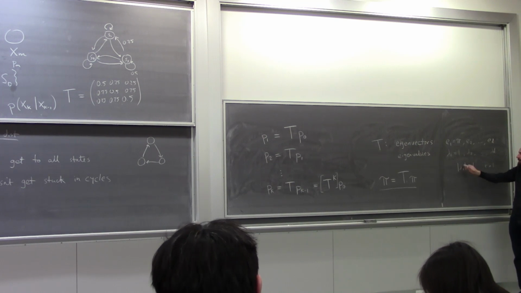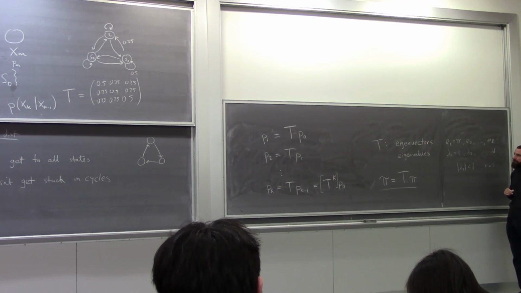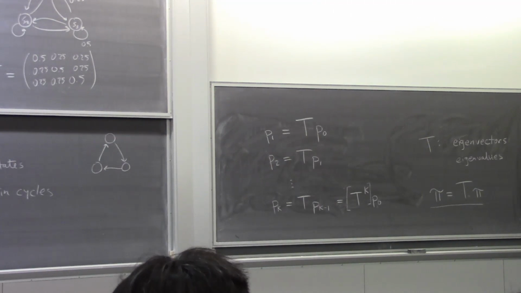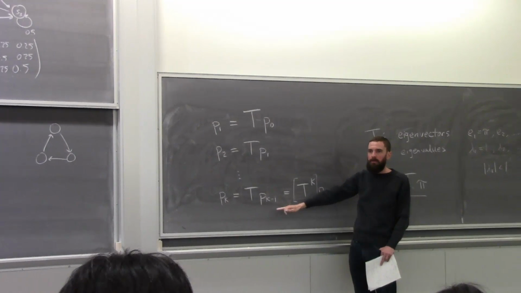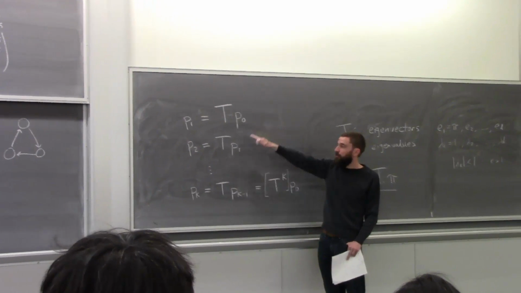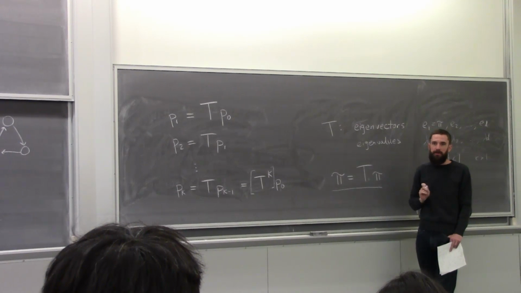And so this is like the magnitude of the complex number possibly. Okay? And this is an important property because what it's going to tell us is that this process is going to converge to the stationary distribution.